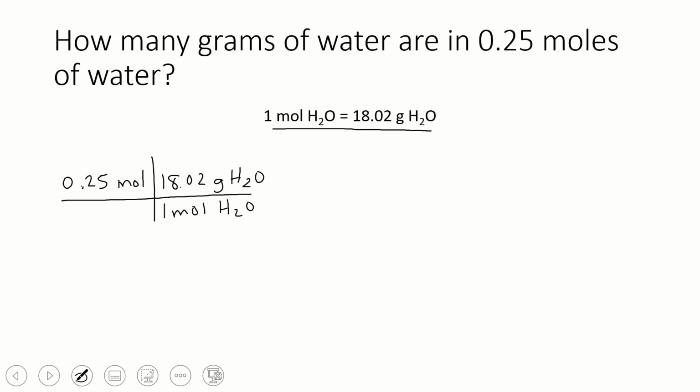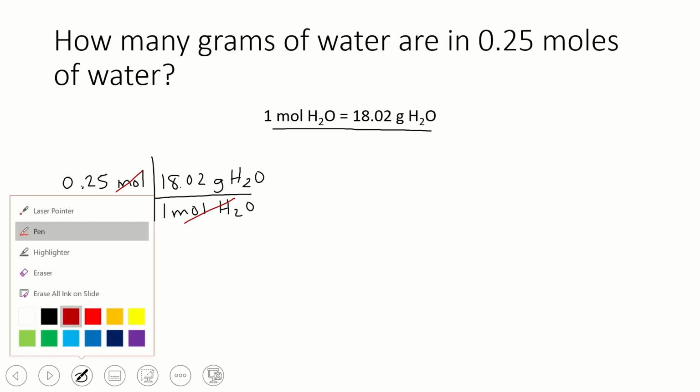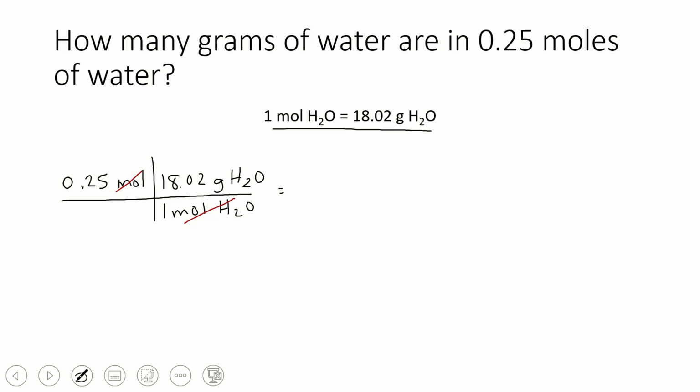When I write it like this, my units of moles cancel, and I'm left with units of grams. So I'll plug this into my calculator, and I'll get an answer of 4.5 grams of H2O.